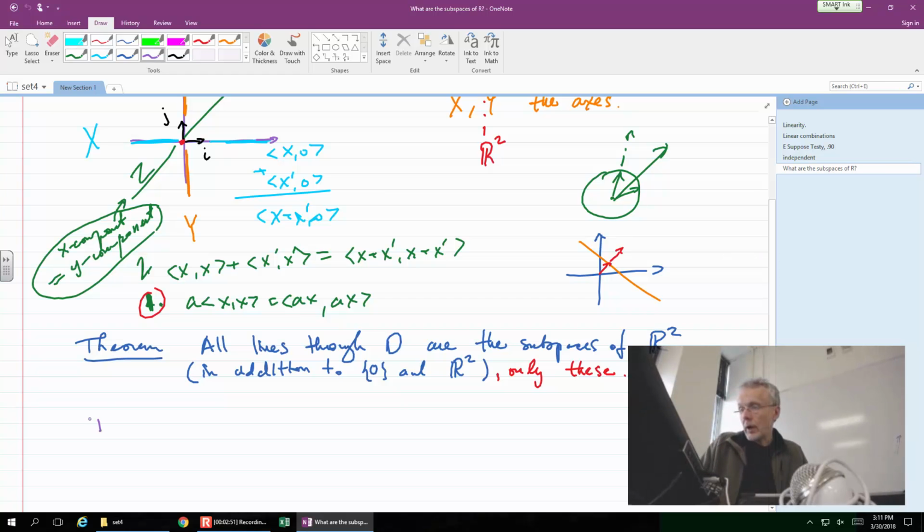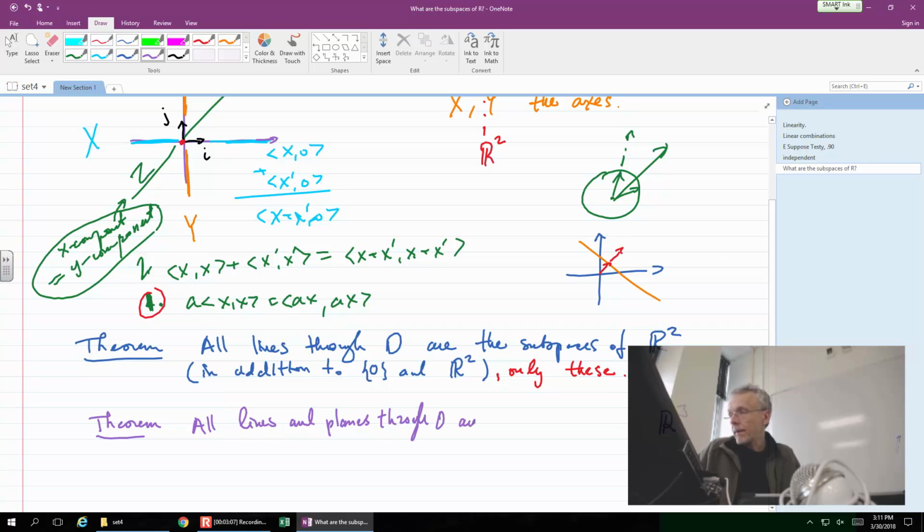Now if we want to move on to the next dimension, if we are talking about R3, all lines and planes through 0 are the non-trivial subspaces of R3, once again in addition to the 2 trivial ones, 0 and the whole space.